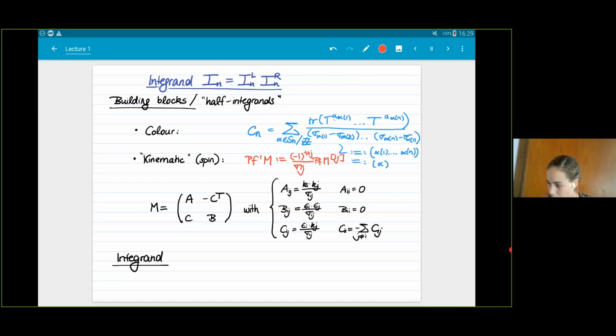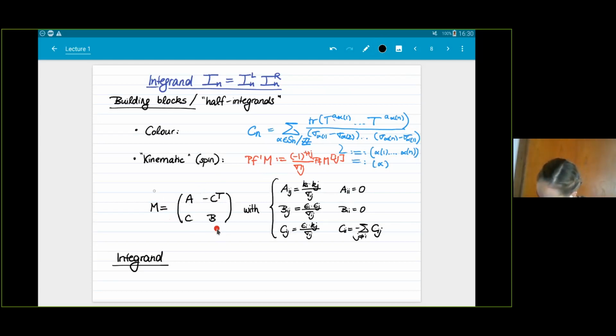Now, we now know what I mean by a reduced Pfaffian, but the M object here is actually very important. What M looks like is a block matrix.